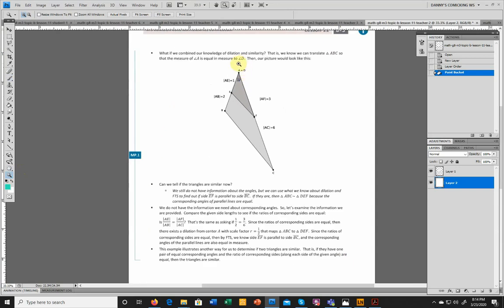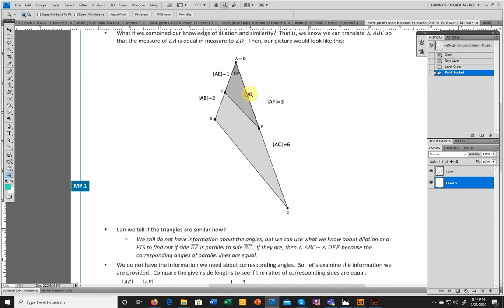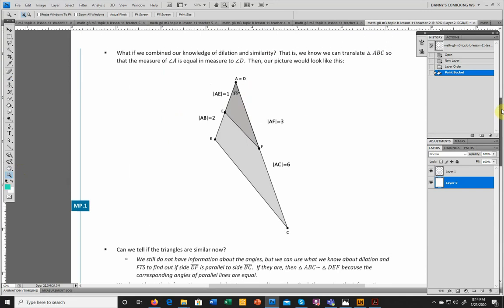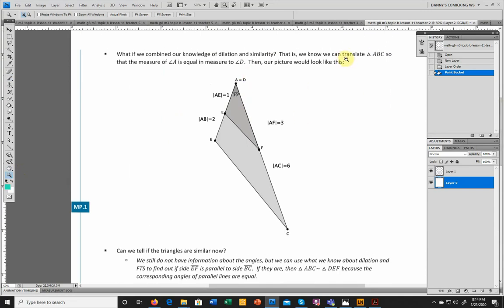What if we combined our knowledge of dilation and similarity? That is, we know we can translate ABC so that the measure of A is equal in measure to D. As you can see, A equals D. We have A and D in the same place.